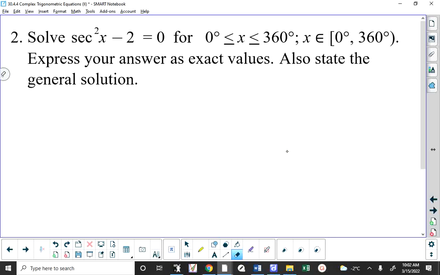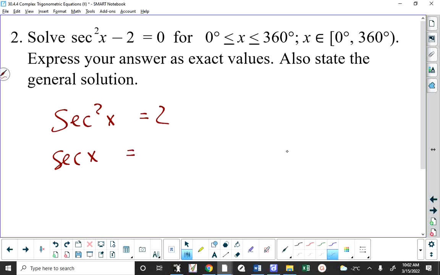All we need to do here for this equation to begin with is add 2 to both sides, and then take the square root. But what have I done wrong? It's an intentional mistake. What have I done wrong here?